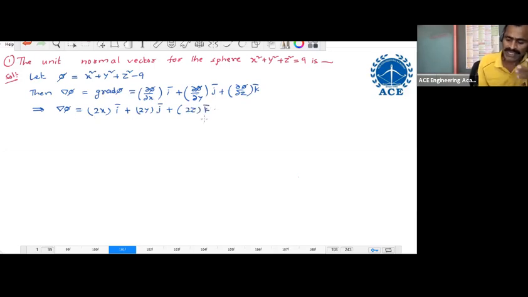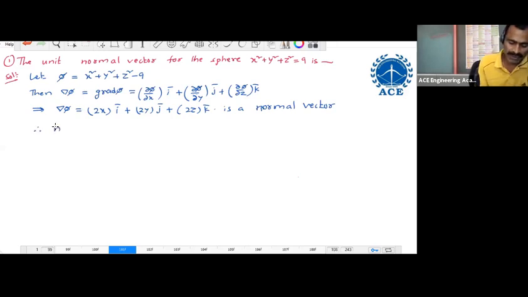This del phi is a normal to the given surface, a normal vector. If you know the normal, we can find the unit normal.